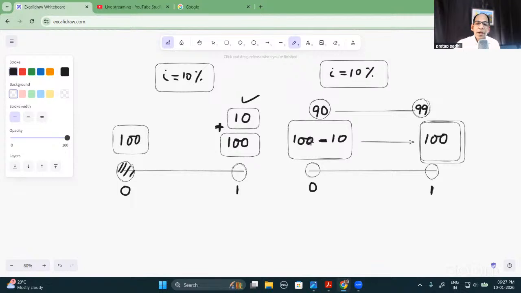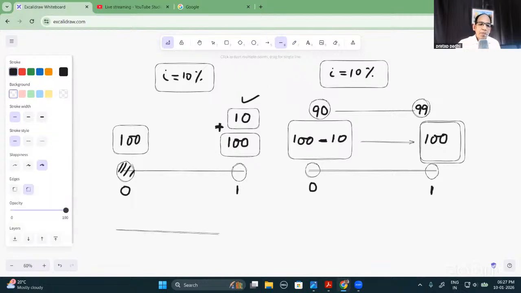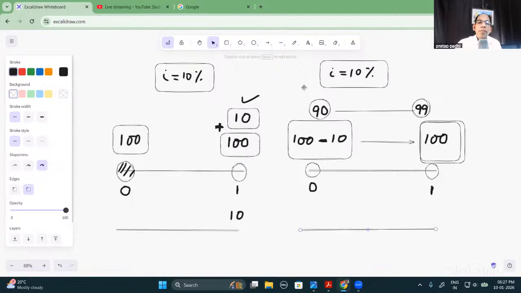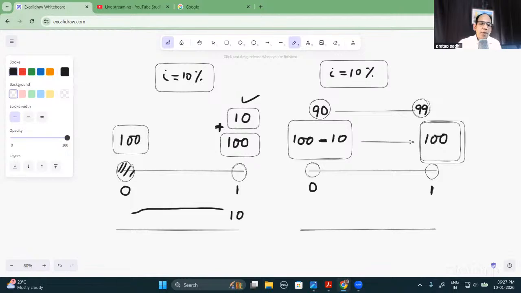Because you are giving interest at this time, it's not 9, it's not 10. That means the time value of 10 here, if you write 10 here, they're not the same. So what you need to do is find the time value of 10 here. That's actually 9.10.